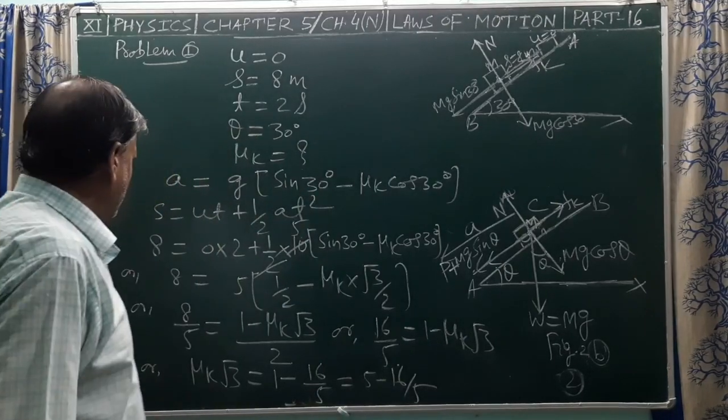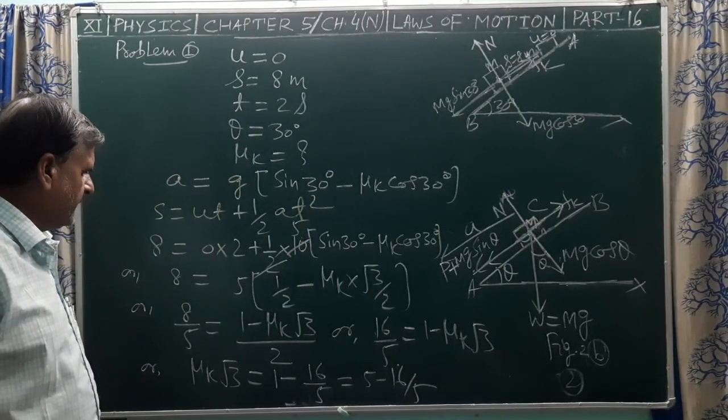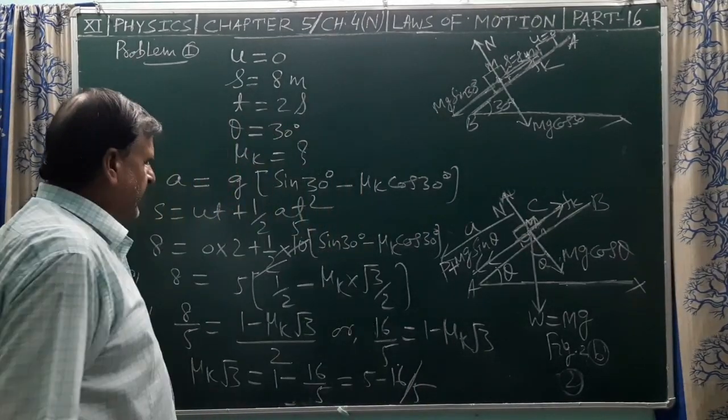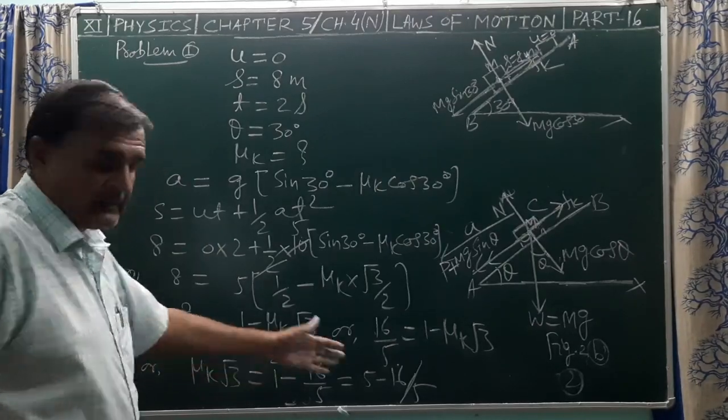Now we have to calculate mu k. Therefore mu k is equal to 5 minus 16 upon 5 multiplied by, in the denominator, root 3.